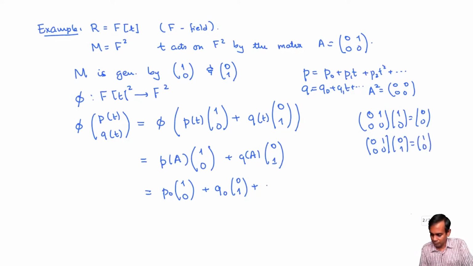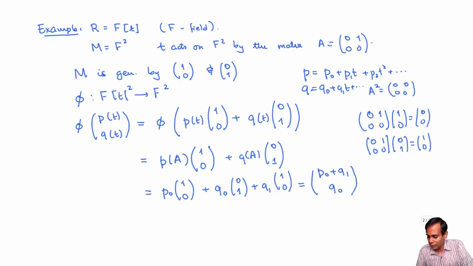So we will get plus q1 times 1, 0, which you can write as p0 plus q1, q0. So this is what phi does to a general element of F[T] squared.